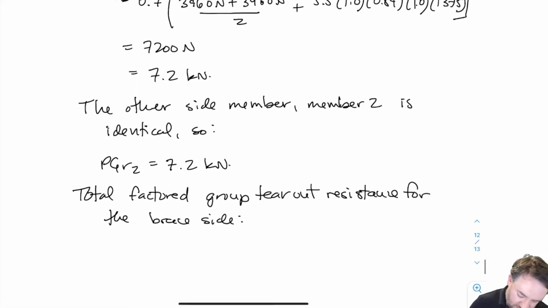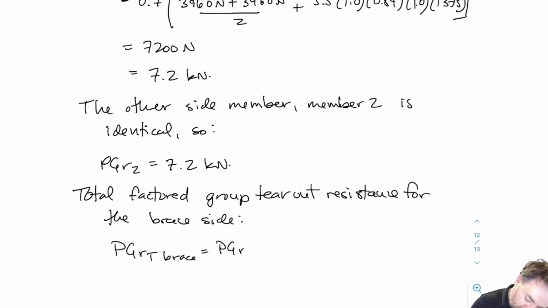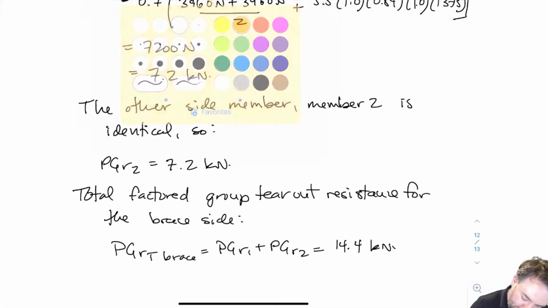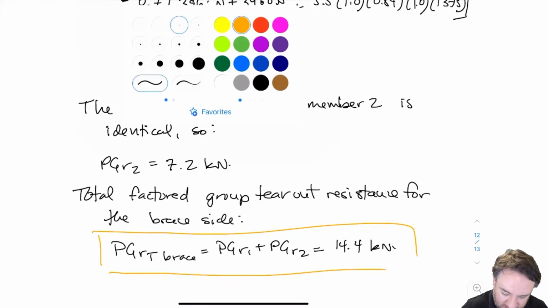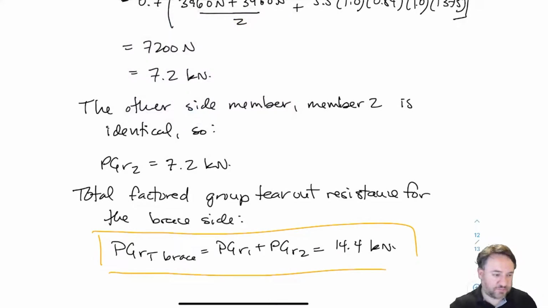For the brace side of the equation, P_GRT for the brace is just the sum of these two for the two different braces, and I get 14.4 kilonewtons. Okay, so that's the second parallel to grain resistance check that we need to do for the brace side of the connection. The last one that we have to do now is the net tension resistance.